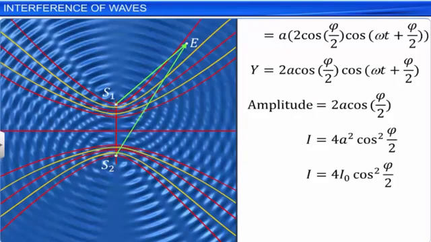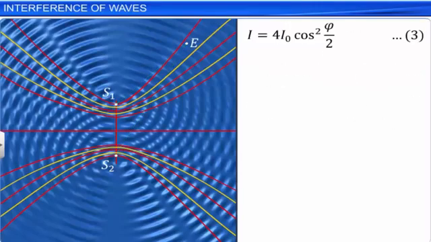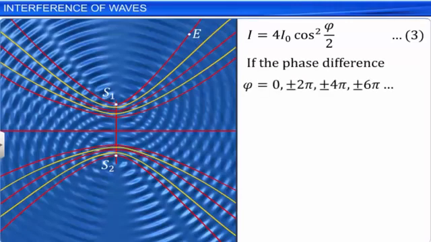Equation 3 is a general expression which enables us to find the intensity at any point on the surface. If the phase difference phi is equal to 0, or plus or minus 2 pi, or plus or minus 4 pi, and so on, then cos (phi by 2) is 1, and hence I is equal to 4 I0. These points represent the interference maxima.